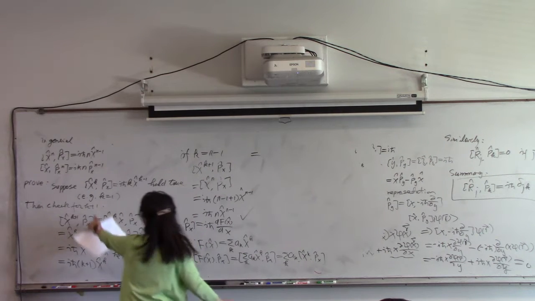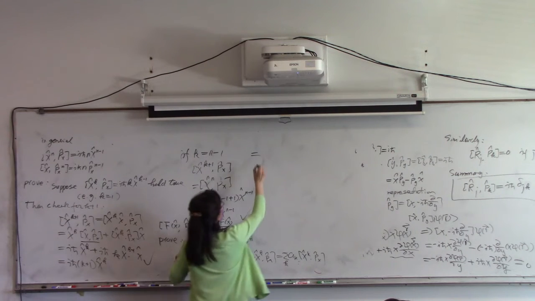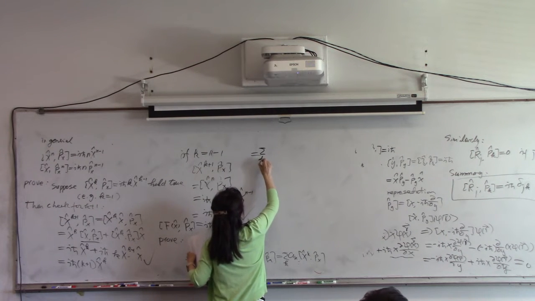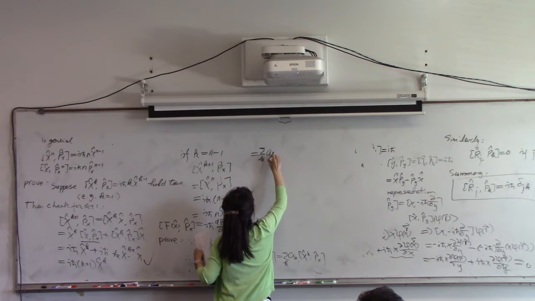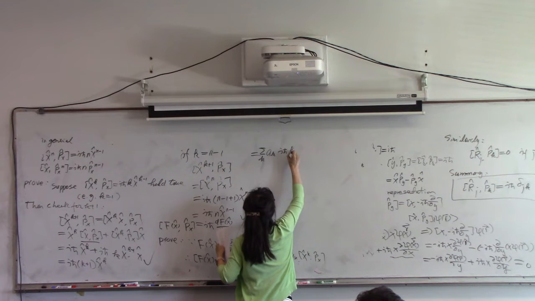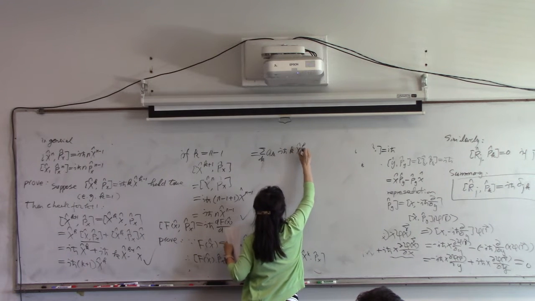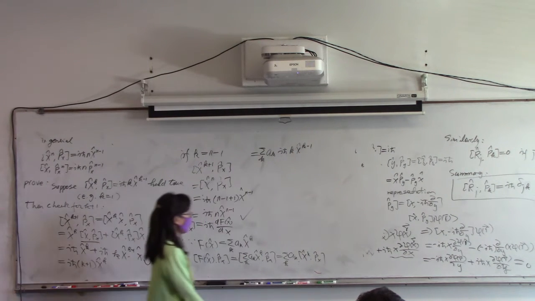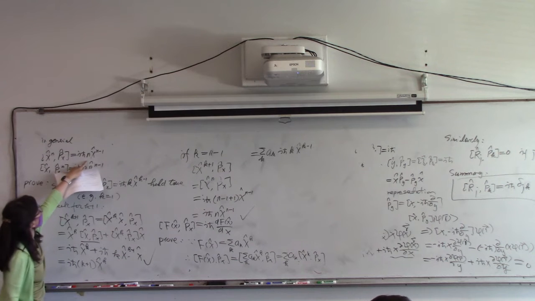Now we are going to use this relation, so that is iħ k x^(k-1), if n is k.